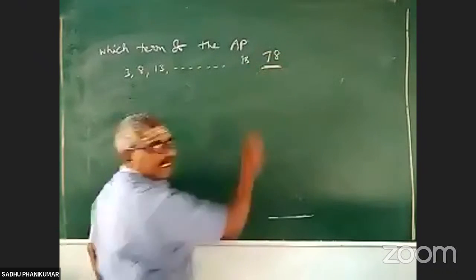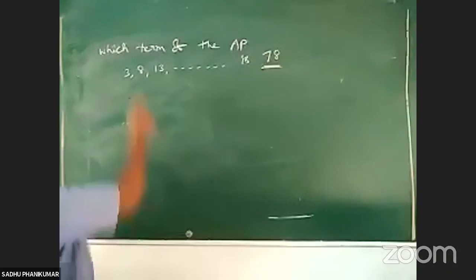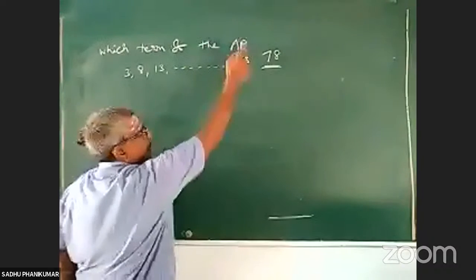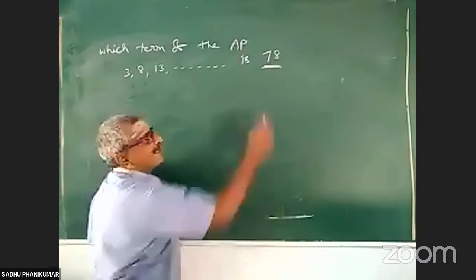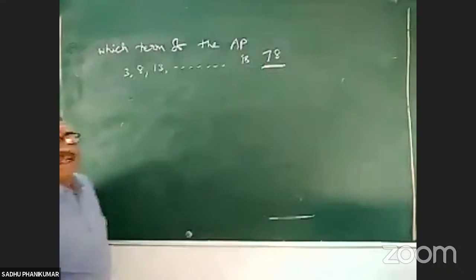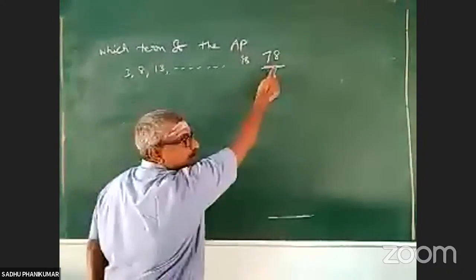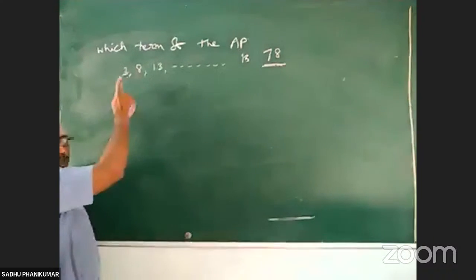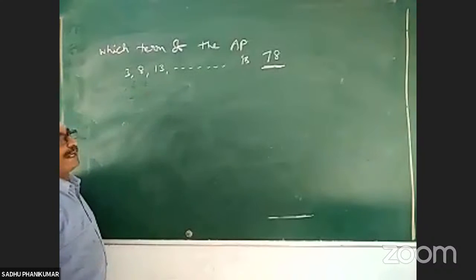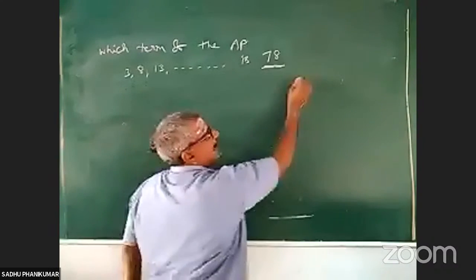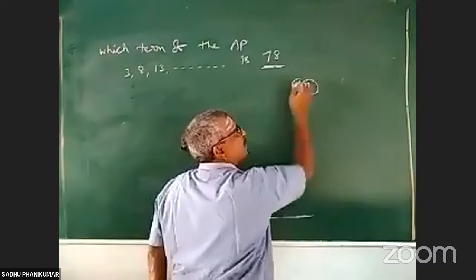This is one more type of question. That means it was given that term, and now we have the first term and we know the common difference. Now what we have to find is AN, that is the N value.